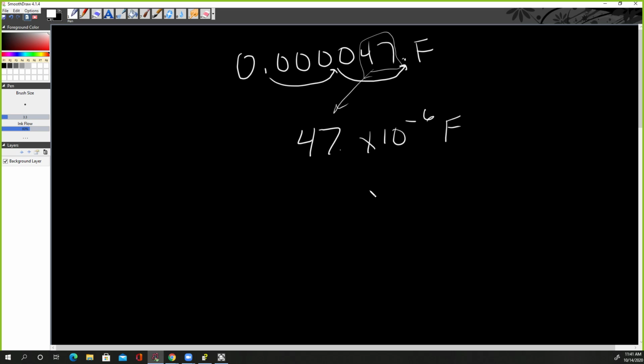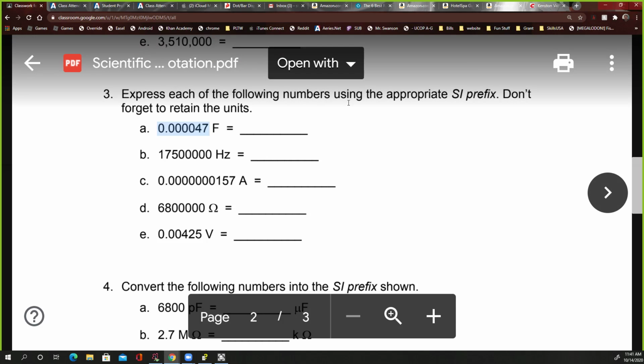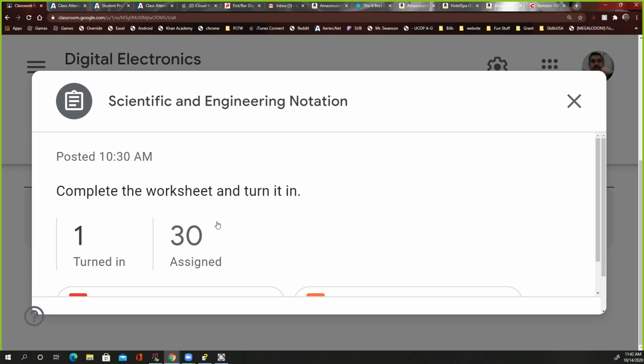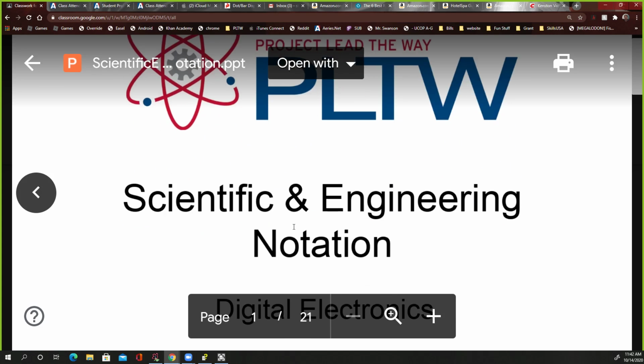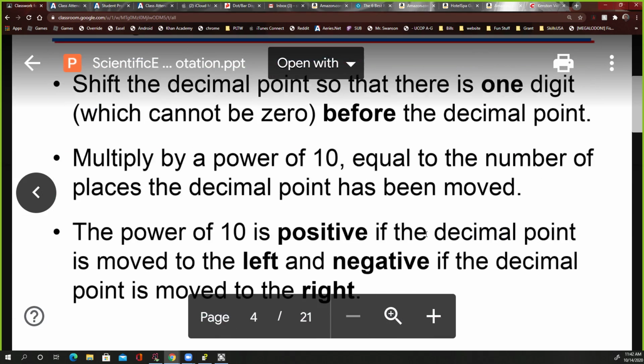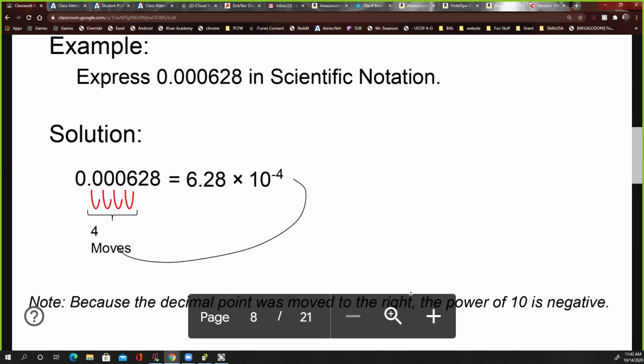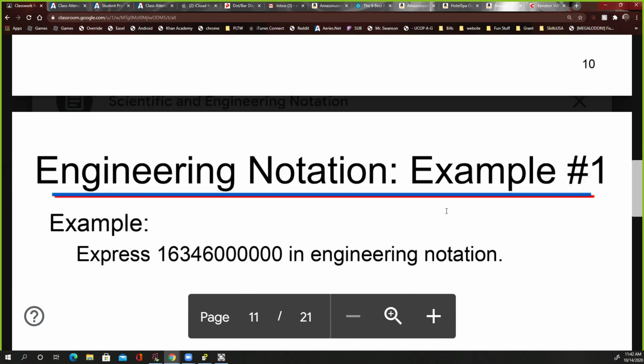So we're not quite done, because the question said to express each of the following with the number with the appropriate SI prefix. For that, you'll need that chart on the PowerPoint in your assignment. So if you go back to your PowerPoint, there's that chart here. It is down there a ways.